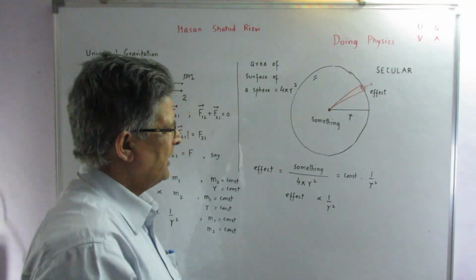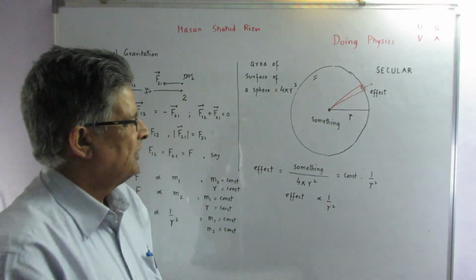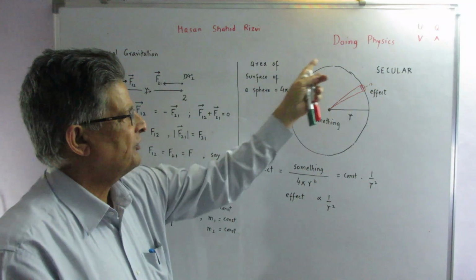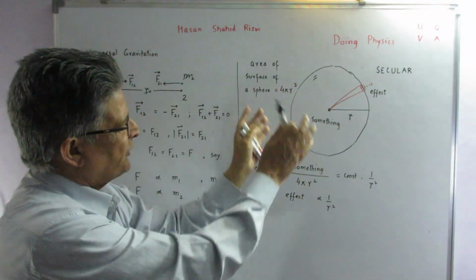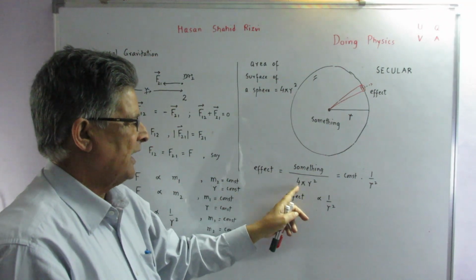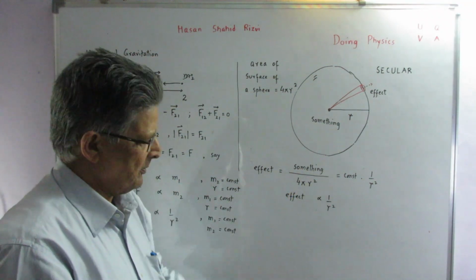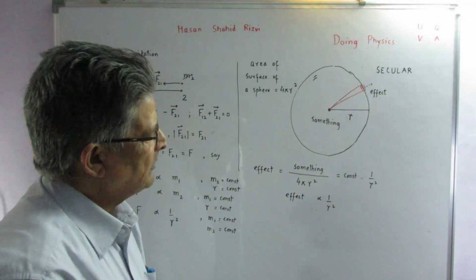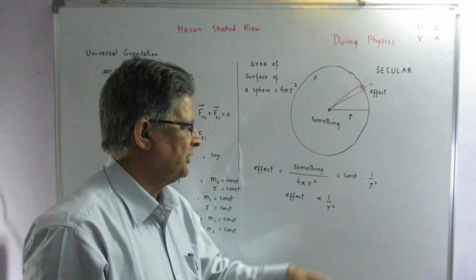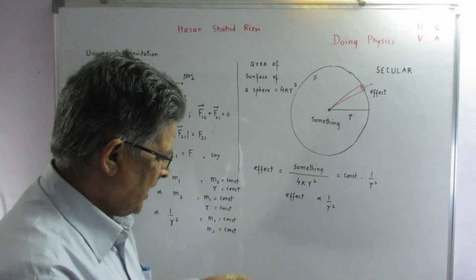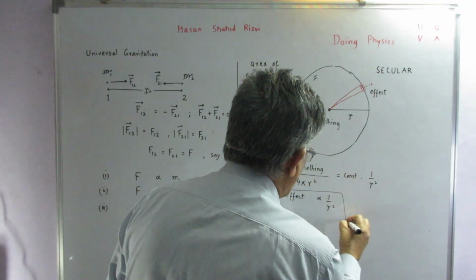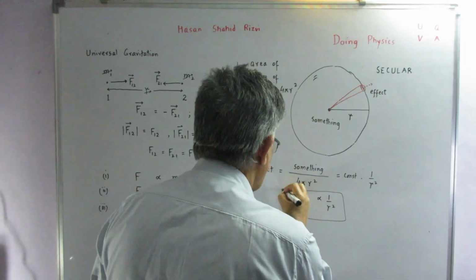So effect is equal to something divided by the total surface area of the sphere, and geometrically we know that the area is 4 pi r square. There will be occasion to tell you how this 4 pi r square is obtained, but for now we'll say that the effect is proportional to 1 upon r square.